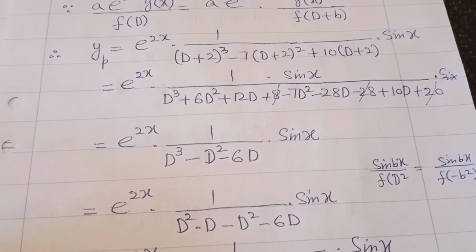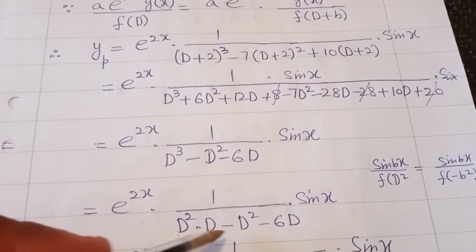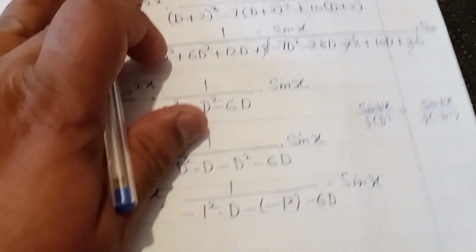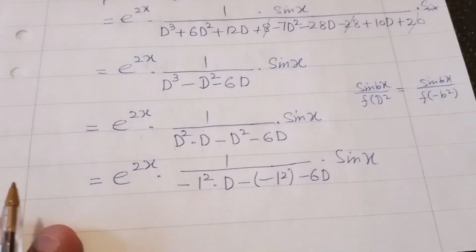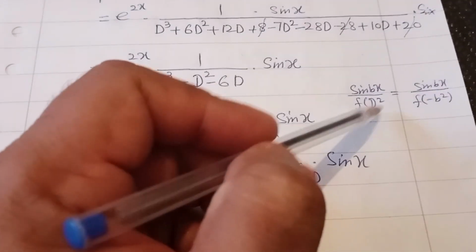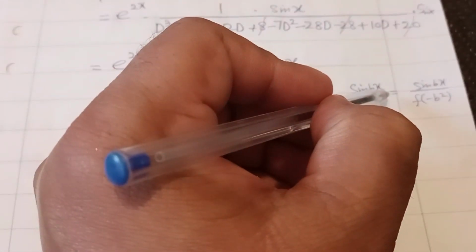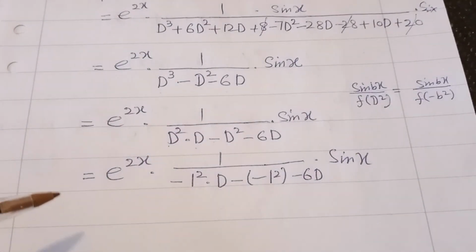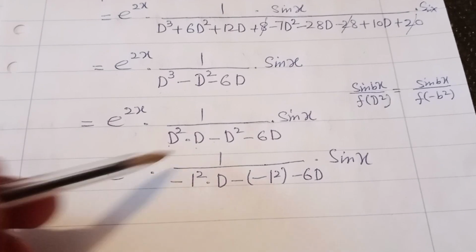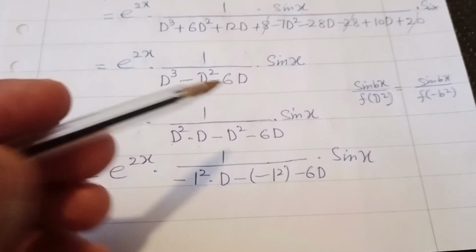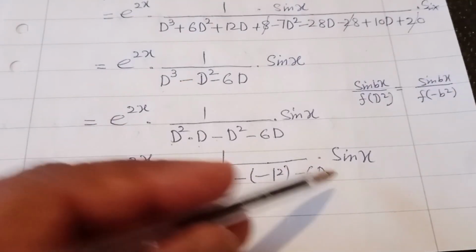Now this D³ can be written as D² into D, because we will substitute −b² for D², according to the formula sin bx upon f(D²) is equal to sin bx upon f(−b²). So e^(2x) times 1 upon (−1)D − (−1) − 6D, sin x.